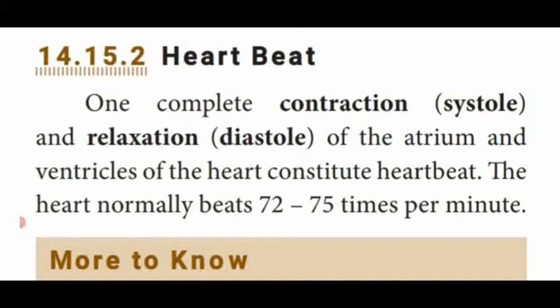The heart normally beats 72 to 75 times per minute. This is important. What is heartbeat is also an important question. Complete contraction, that is systole, and relaxation, diastole, of the atrium and ventricles of the heart is known as heartbeat. The heart normally beats 72 to 75 times per minute.